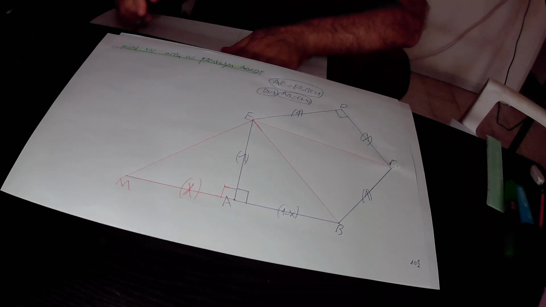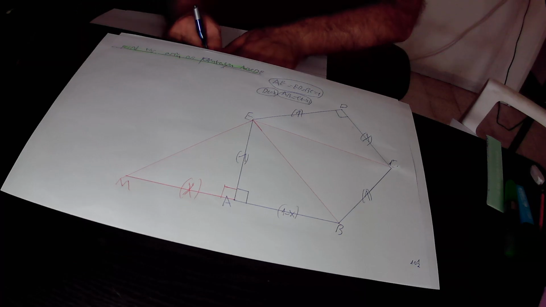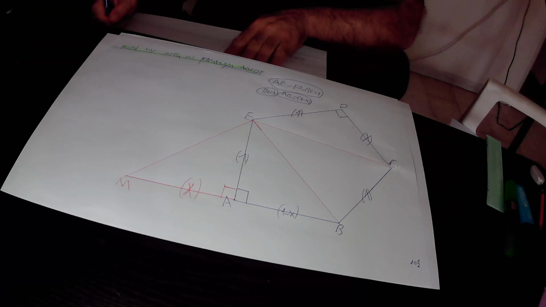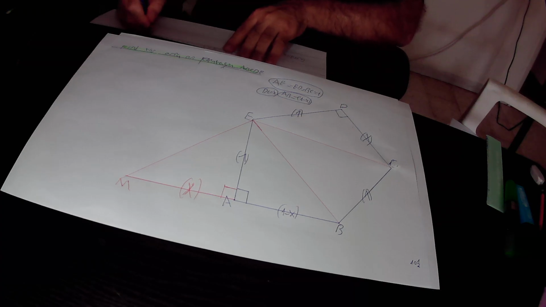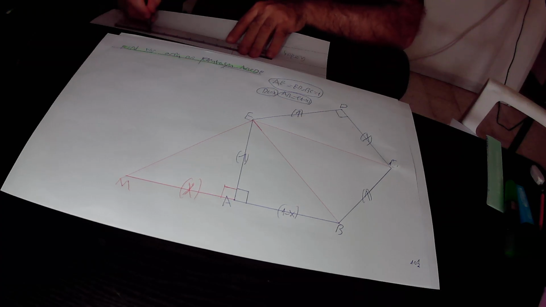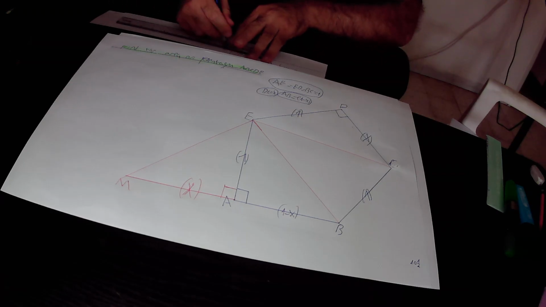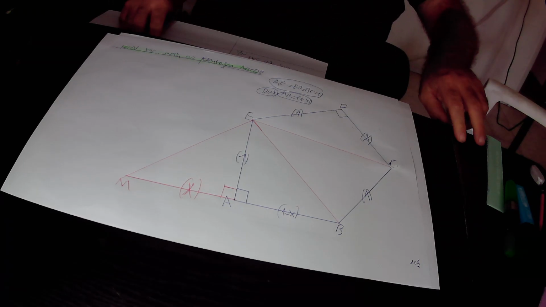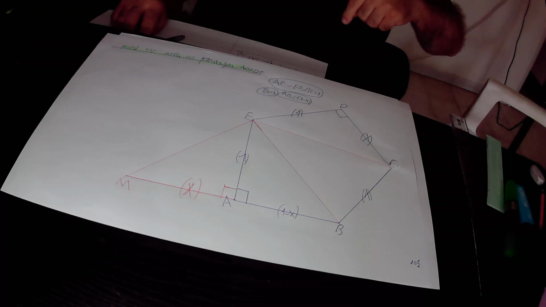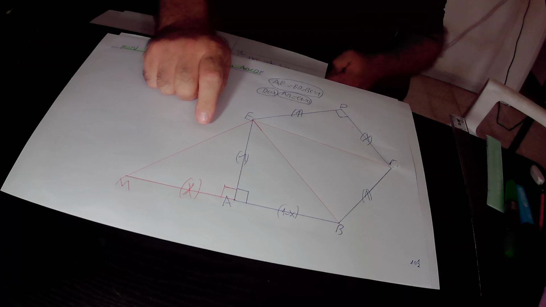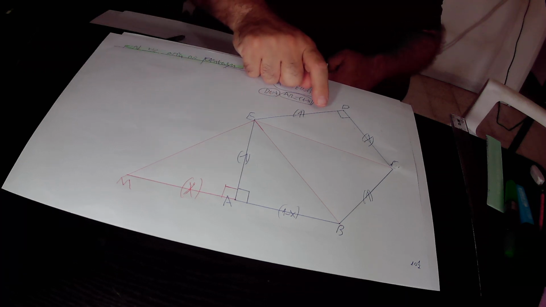And from the fact that those two right triangles can go into each other, we will derive two things. The first thing that we will derive is that they have also the same areas. That is to say, the area of this triangle EAM is equal to the area of triangle EDC.